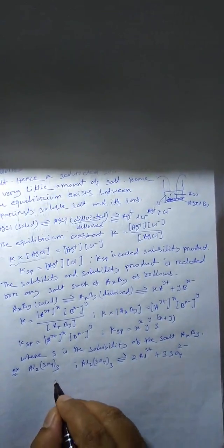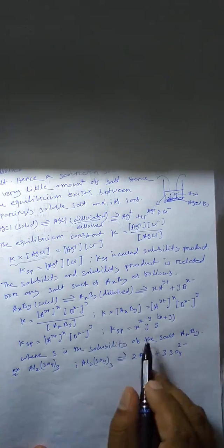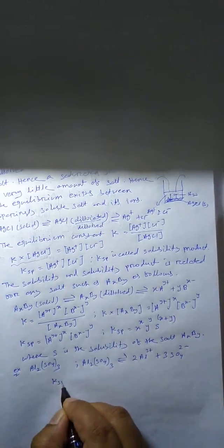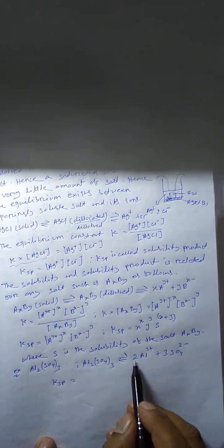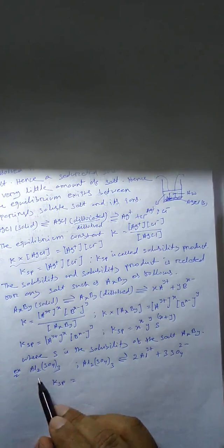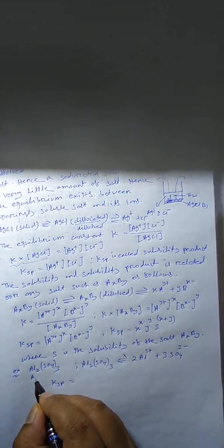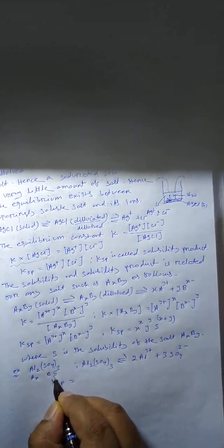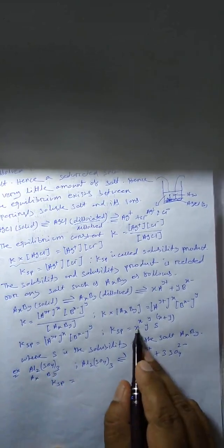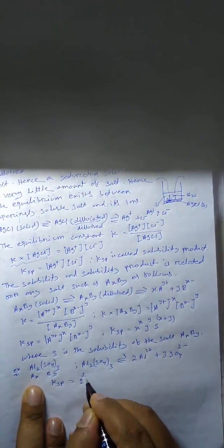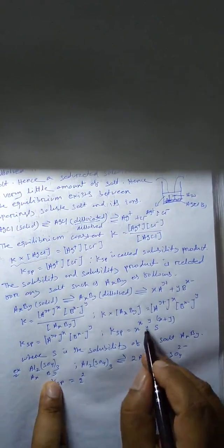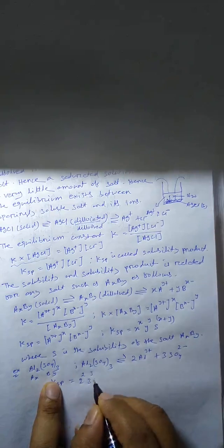Then what is the solubility product, and what is the relationship between the solubility and solubility product? The relationship is X to the power X, Y to the power Y, S to the power X plus Y. In AX BY, this one is AX and this one is BY. Here X is 2, so 2 to the power 2. Here Y is 3, so 3 to the power 3.